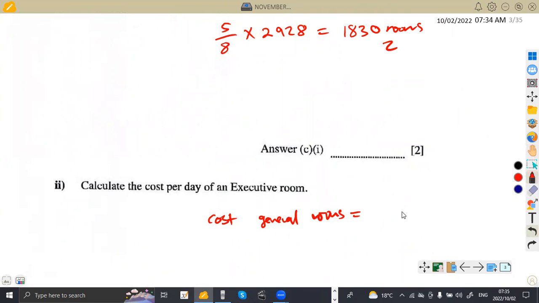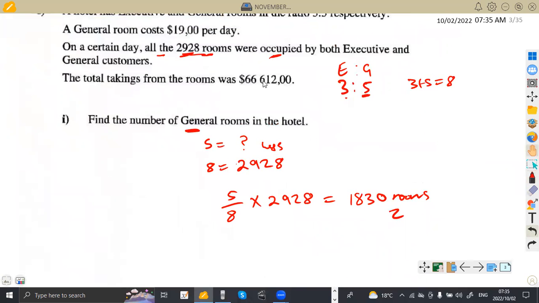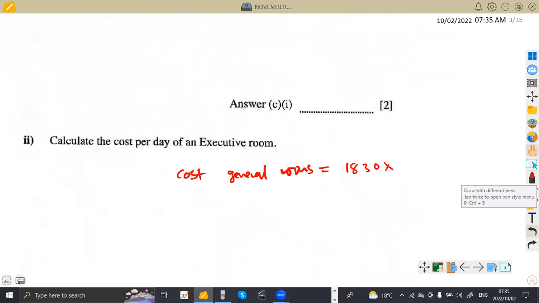So we said 1,830 rooms multiplied by, since here we are given the total of all the takings here, so we can use the total. Okay, so we multiply by $19 per day for this one. So we're going to multiply by 19 here. Okay, so this is the total that you're going to get.